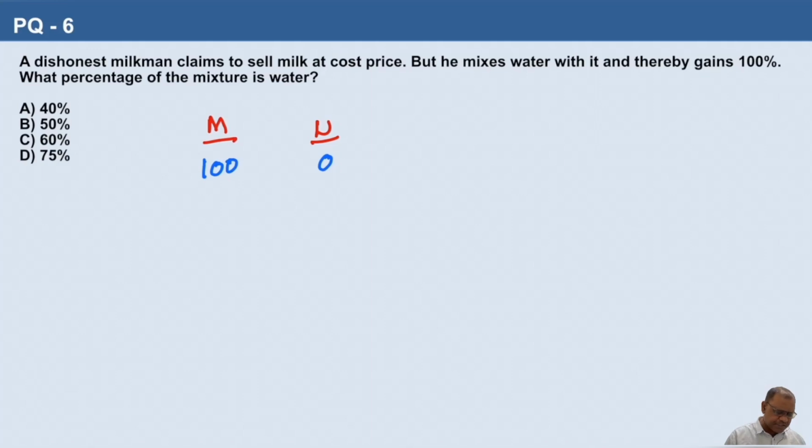So the mixture cost price we don't know. Assume it as X, and the milkman is getting 100% profit. So that means 200 by 100. 100% profit he is getting, and he is selling at the cost price. Selling price is the cost price 100.